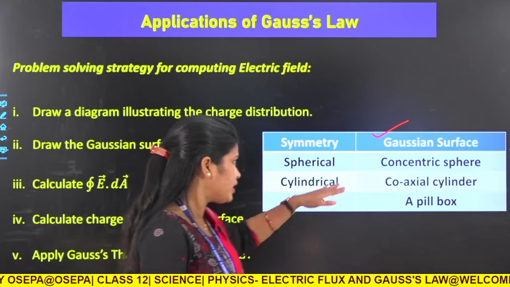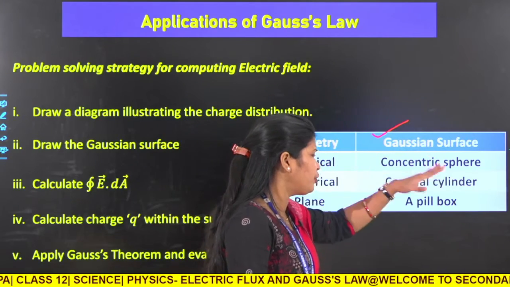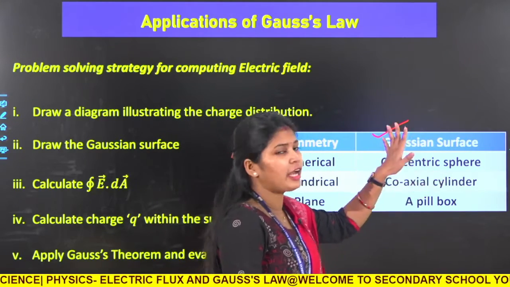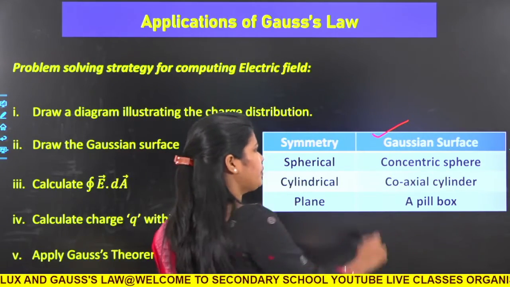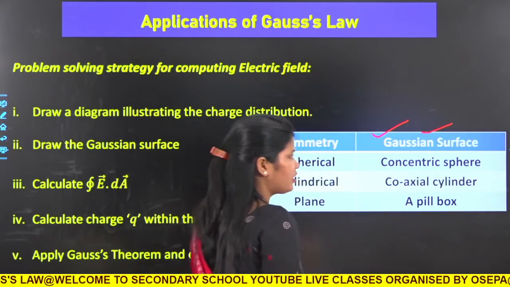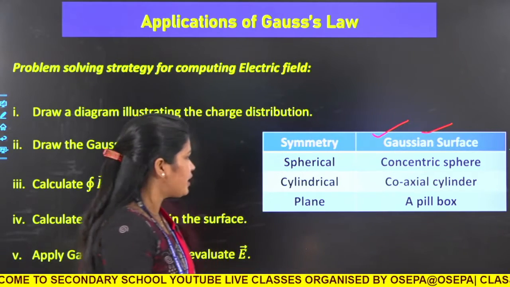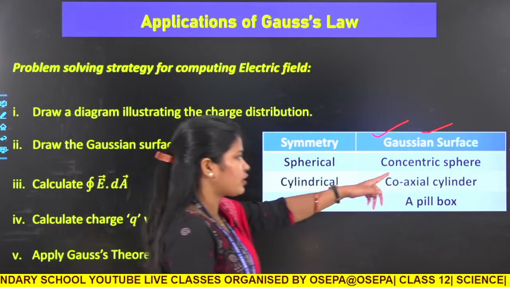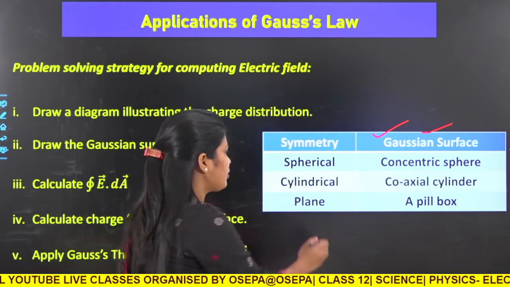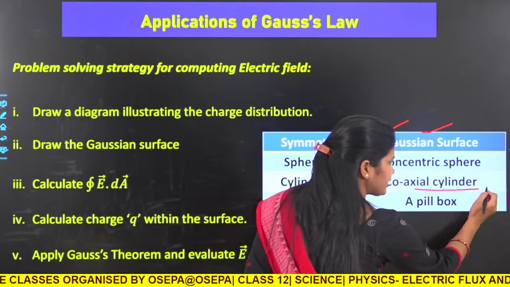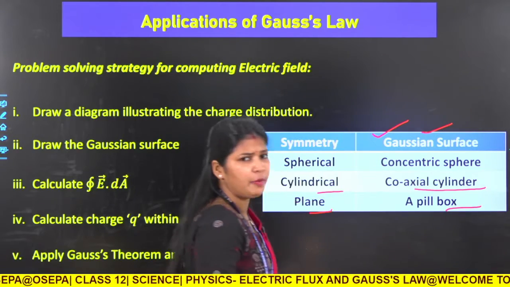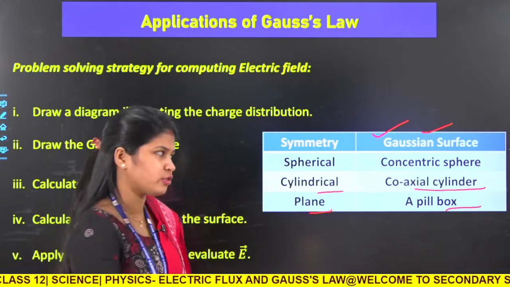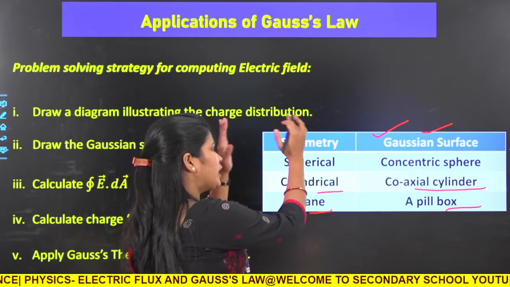A Gaussian surface is a purely imaginary and hypothetical surface. It has no physical existence. We should consider a concentric sphere for spherical symmetry, a coaxial cylinder for cylindrical symmetry, and a pillbox for a plane. A pillbox may also be in the form of a cylinder.